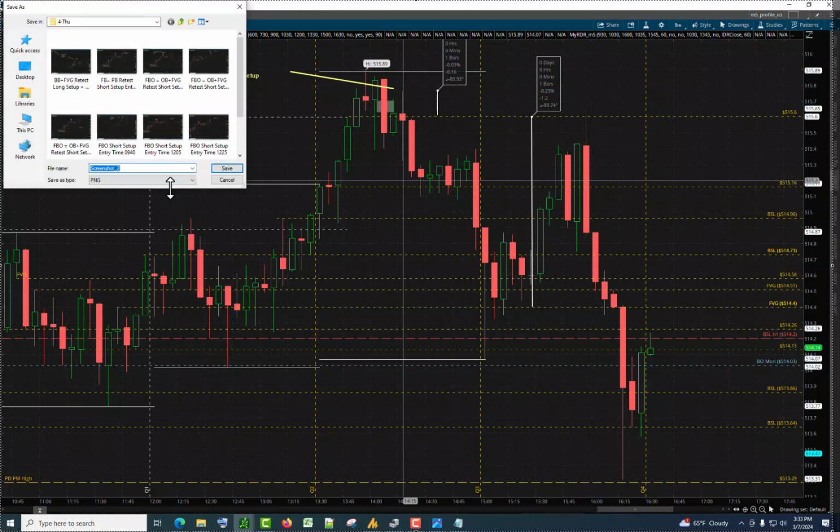So this will be a fourth breakout, and it's an order block, further retest.